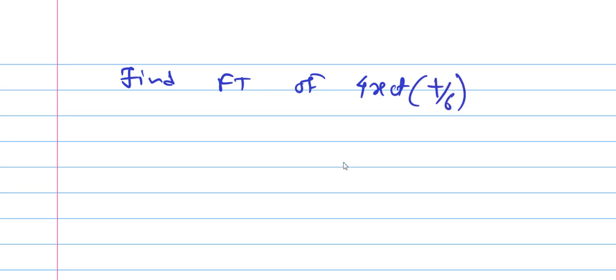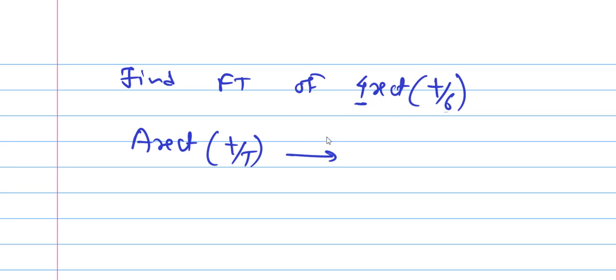We will take some questions, like find the Fourier transform of 4 rect of t by 6. Here A is 4 and capital T is 6. What is the Fourier transform of A rect of t by T? You should practice this formula and apply it to whatever the question is.